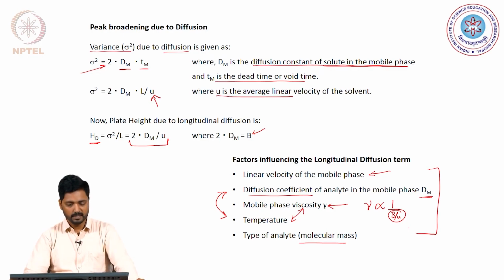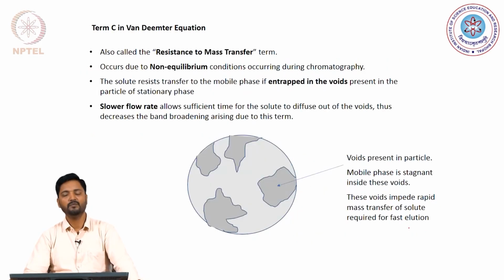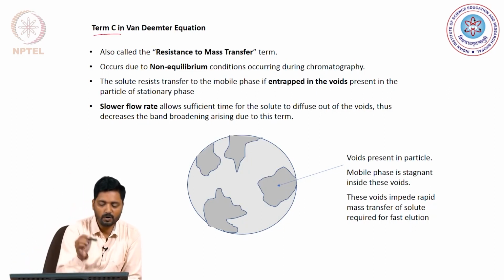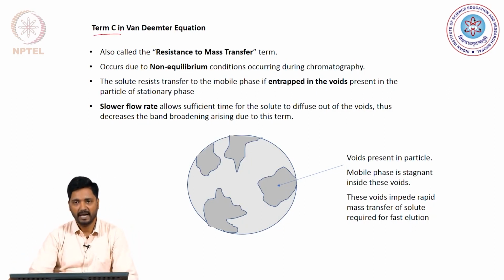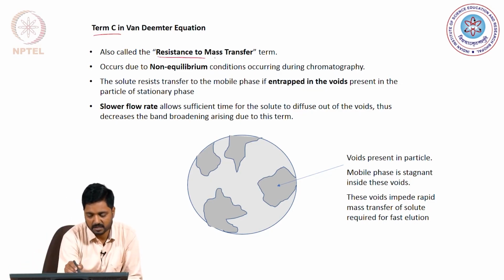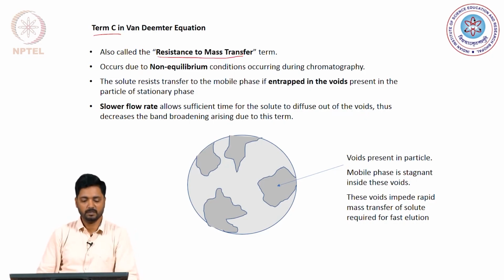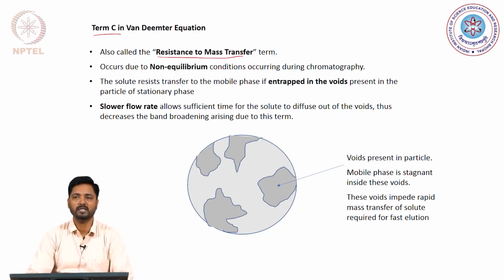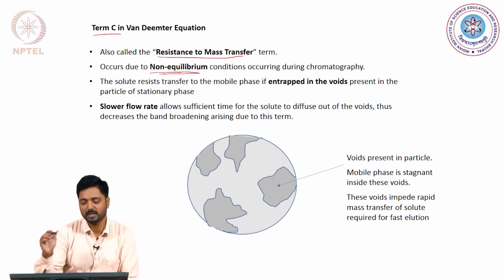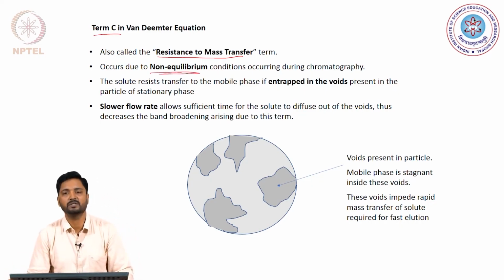Now, finally we come to the third term of the Van Deemter equation, also known as the resistance to mass transfer term. It is important to understand that this term arises due to the non-equilibrium conditions that occur during chromatographic separations.